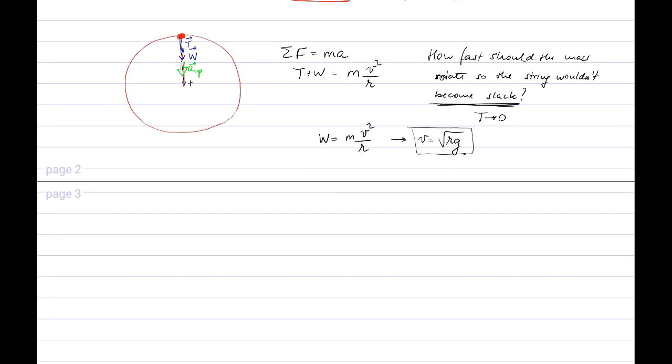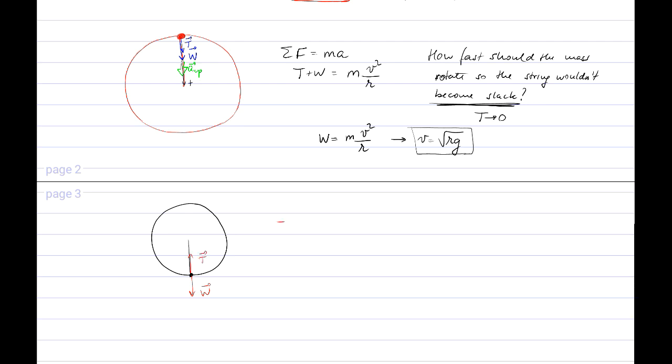Another thing to note here is that as the object rotates on a vertical circular path, the string has a different tension at the top and at the bottom. So if I were to look at the mass when it is at the bottom of the path, so here it is, the forces that act on it are the weight, and now tension is up.